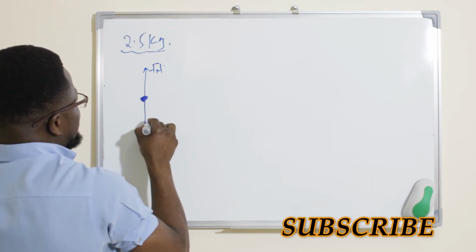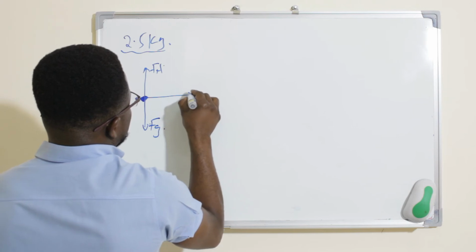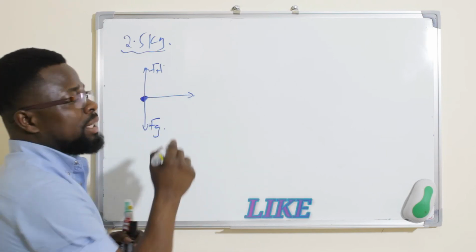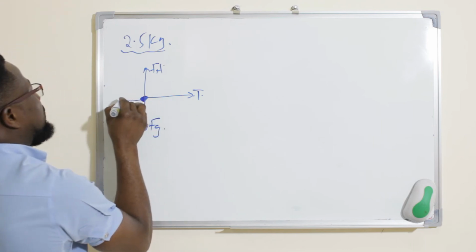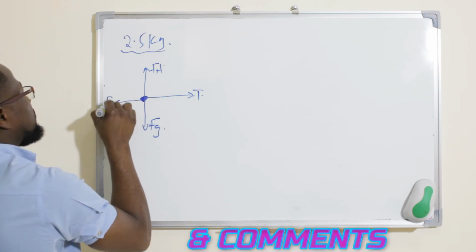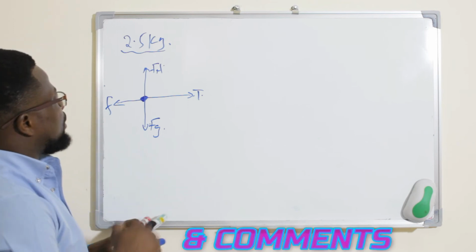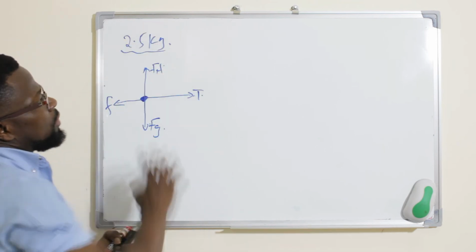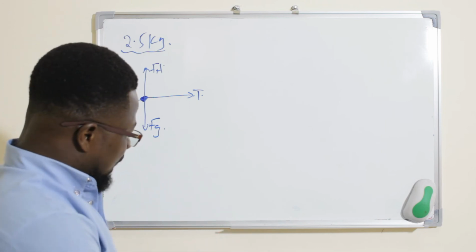We have the weight. We're going to have the tension because that is a cord. And now we're having a frictional force on this side. That becomes the free body diagram for this 2.5 kg. Let's look at the 1 kg.